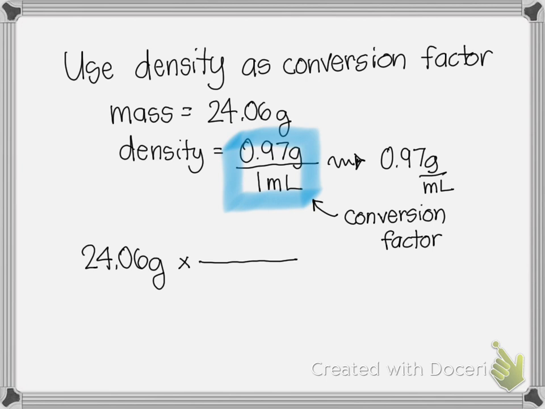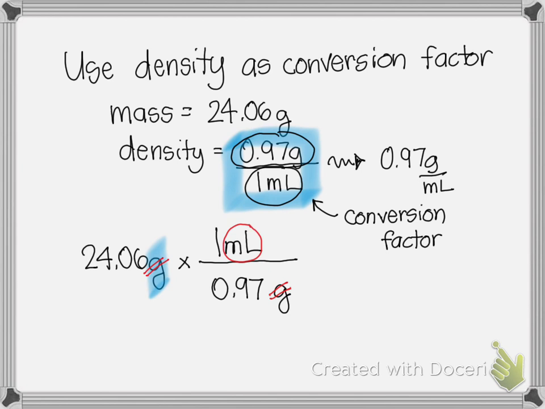So remember, in conversions, if grams is here, then I would need grams to be in the bottom. So then I take the 0.97 grams, and then I put the 1 milliliter at the top. And so what happens is I cancel my grams, and I have milliliters remaining.